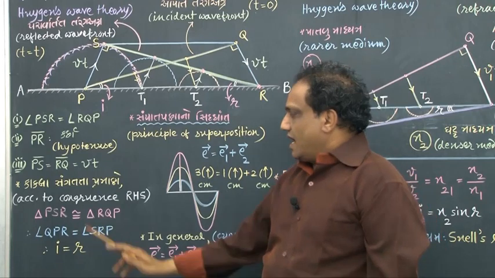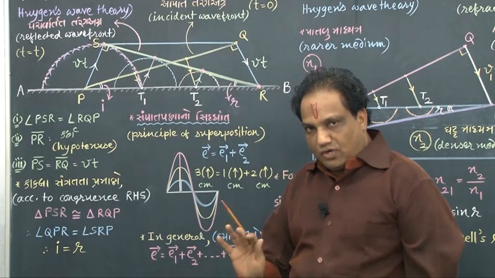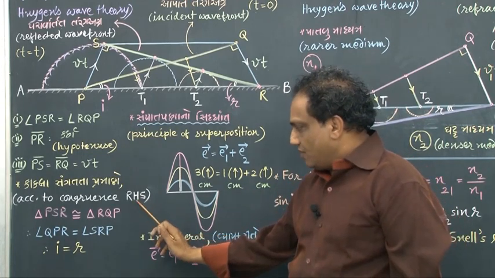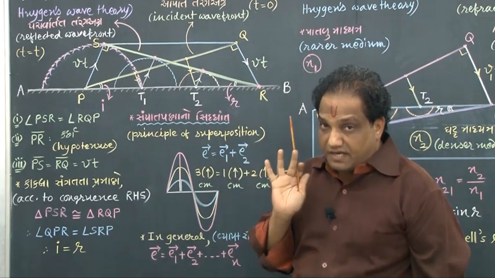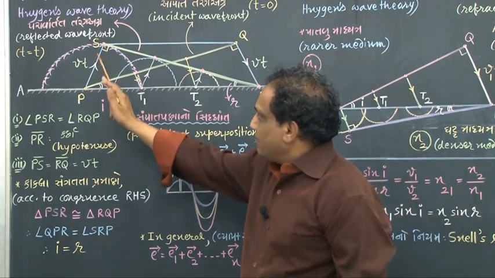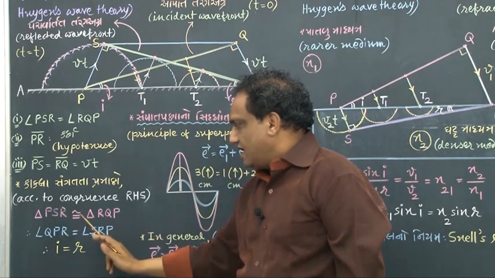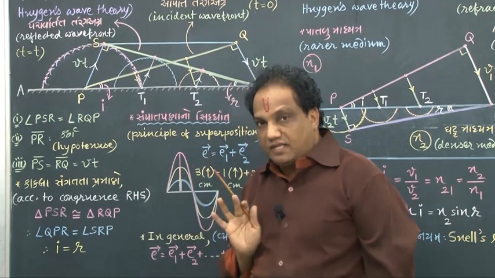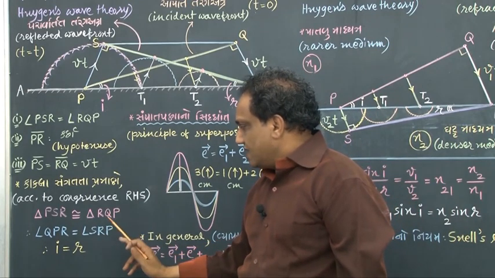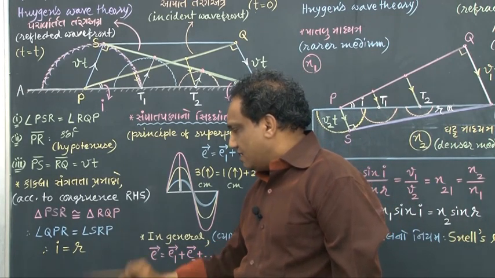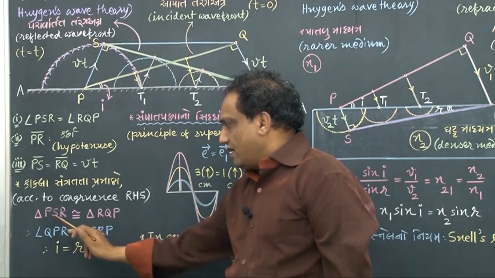Now tell me, according to congruence, right angle, hypotenuse and side. According to this congruence, these two triangles are identical. Which two triangles? Triangle PSR and triangle RQP, they are identical. And for identical triangles, don't you know, corresponding angles have to be equal. If I am taking angle QPR here, then here I should take angle SRP. So angle QPR should be equal to angle SRP.